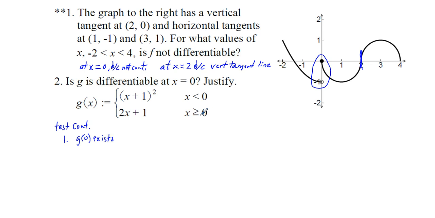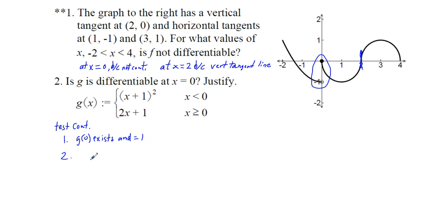Does g of 0 exist? Yes, because of this piece where x is greater than or equal to 0. If we plug in 0, we get 1, because 2 times 0 plus 1 is equal to 1.